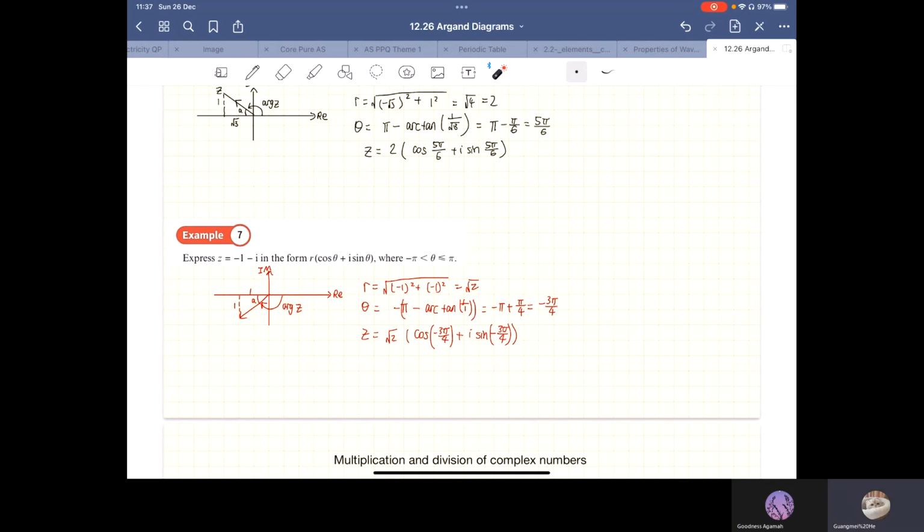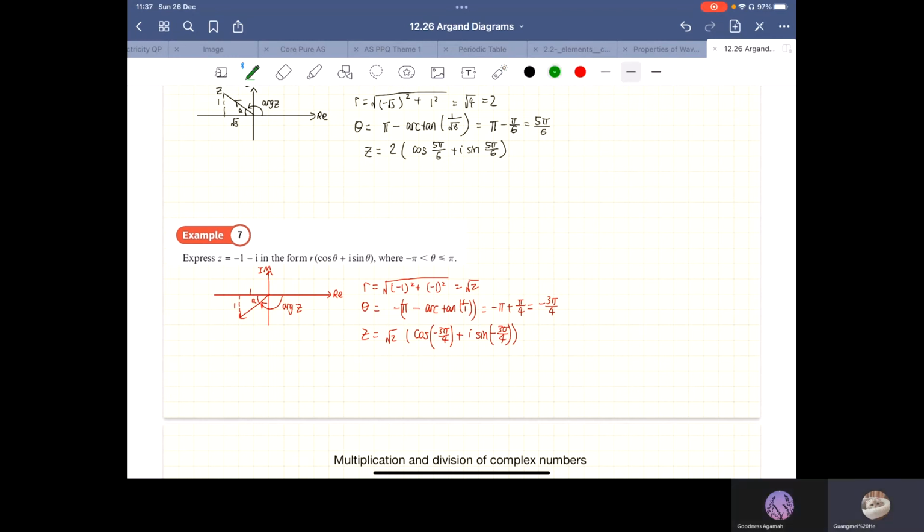But do you know what negative pi and pi are in degrees? No, negative 90? So how do you change radians into degrees? What do we need to multiply by? 180 over pi.